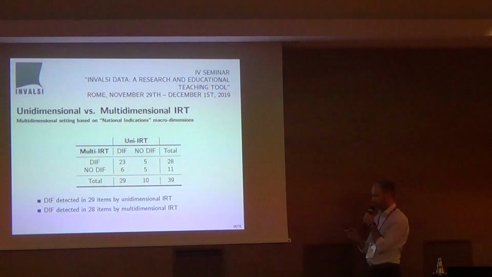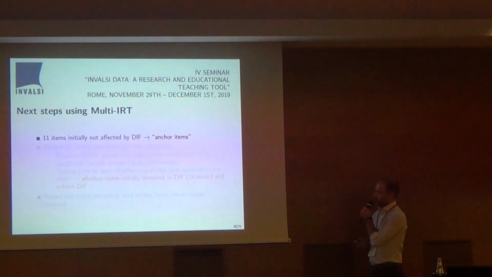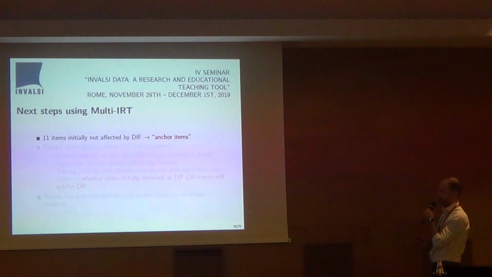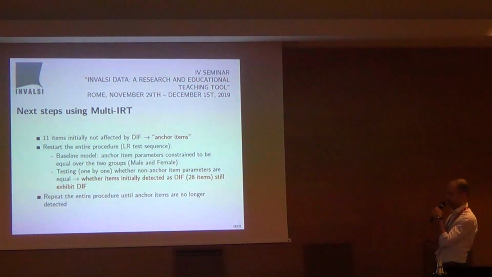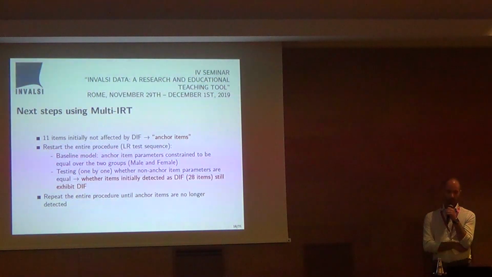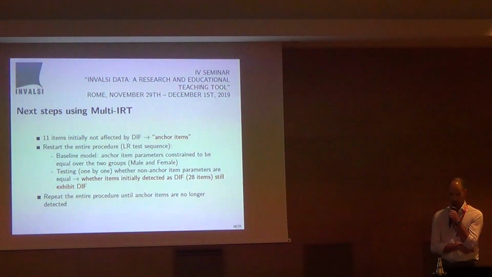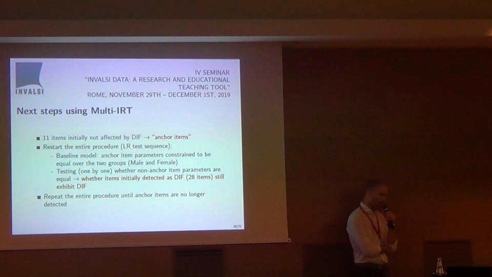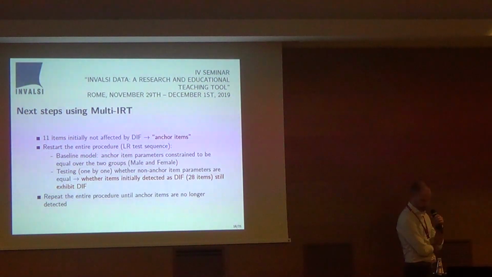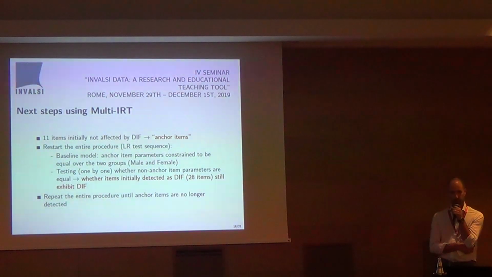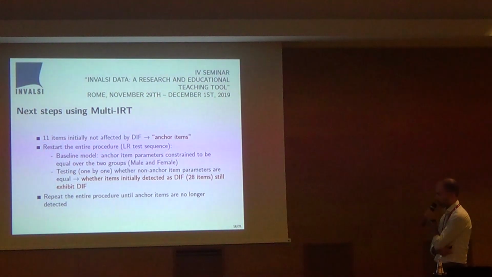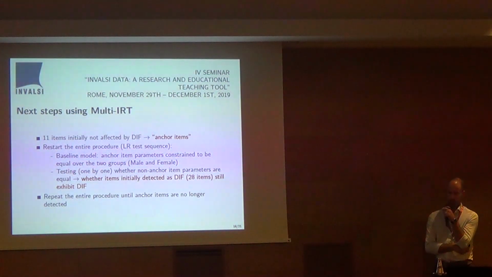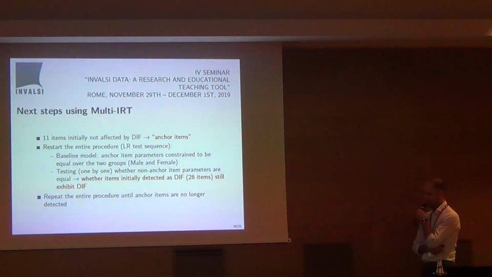So we label these items as anchor items. We restart the entire procedure, that is the sequence of likelihood ratio tests, by using these 2 types of model. A baseline model in which the parameters for these anchor items are constrained to be equal over the 2 groups, in this case male and female.